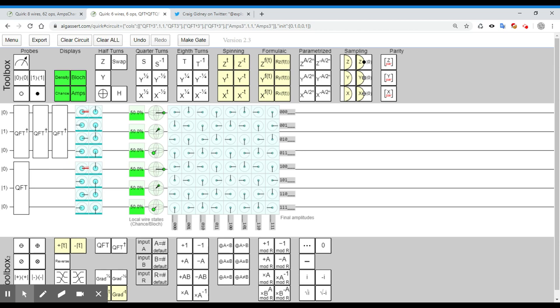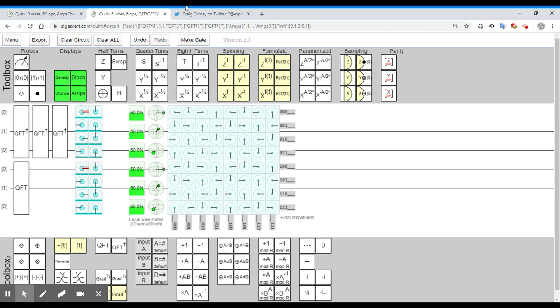a lot of people will say, in Shor's algorithm, we're using the inverse QFT, not the QFT, right?